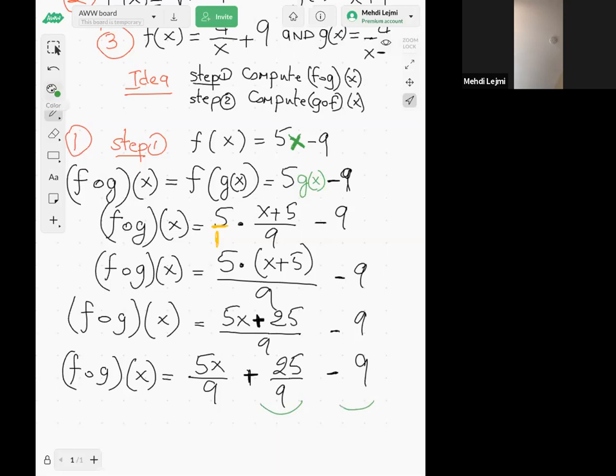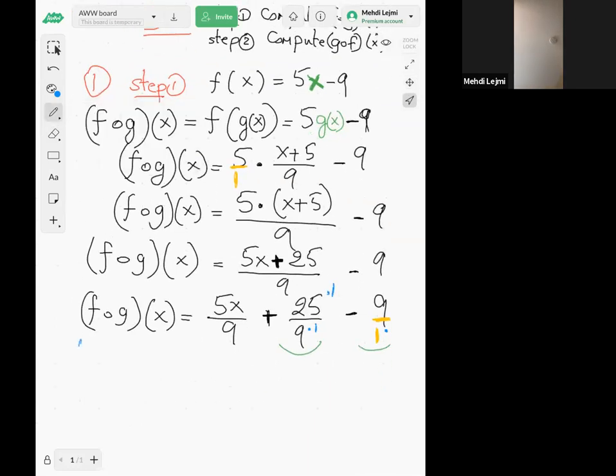So you have a fraction. Again, it's a good idea to use fractions here. So I'm gonna write my 9 as 9 over 1. This is a subtraction of two fractions, so we need to get the common denominator. If you want to get the common denominator, you have to cross multiply. So this is times 9, and here it's times 1.